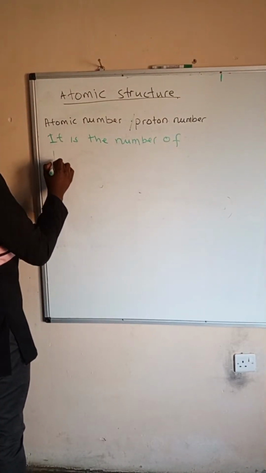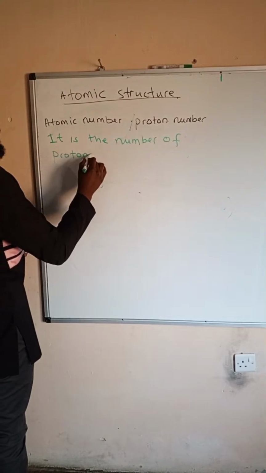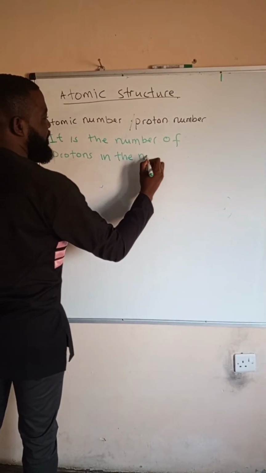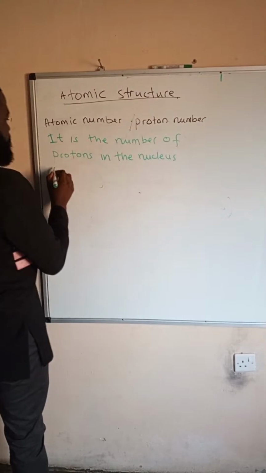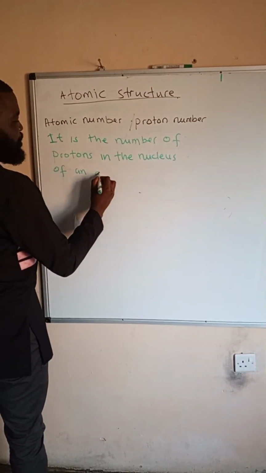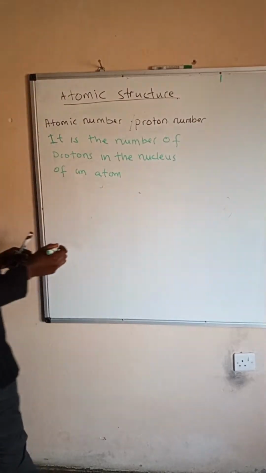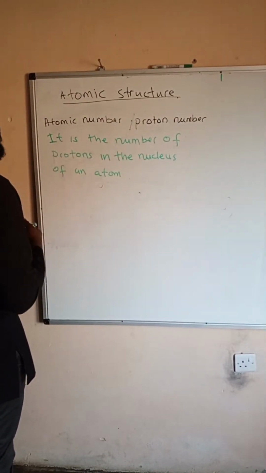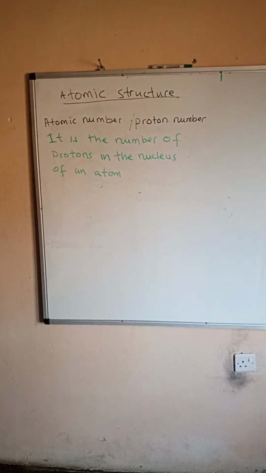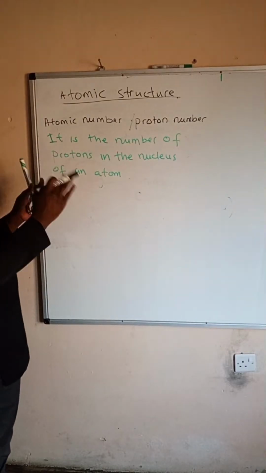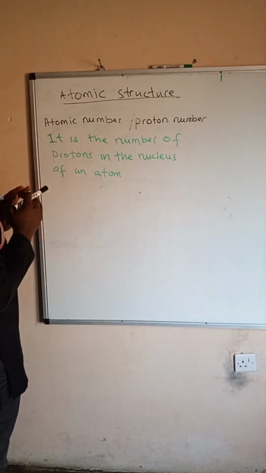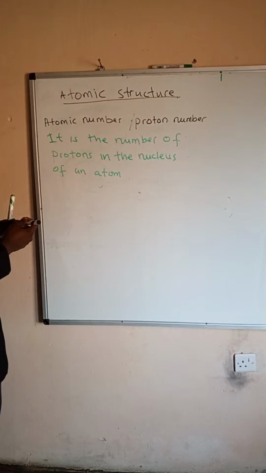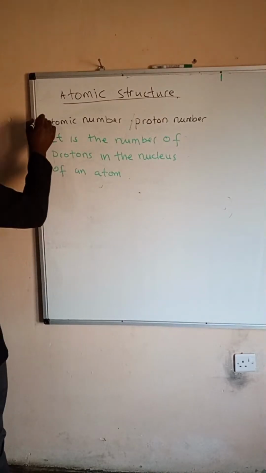That's what atomic number is. So when you count those protons inside, that's what is called the atomic number. Okay, that's the first one.